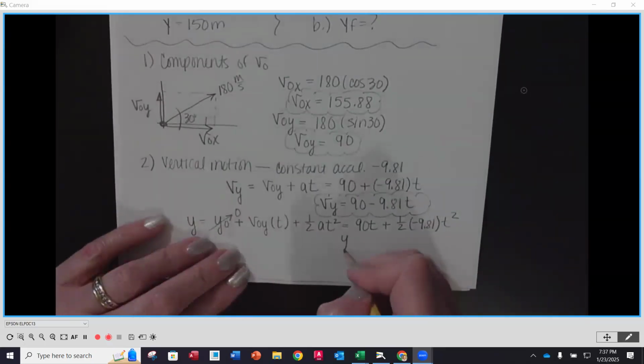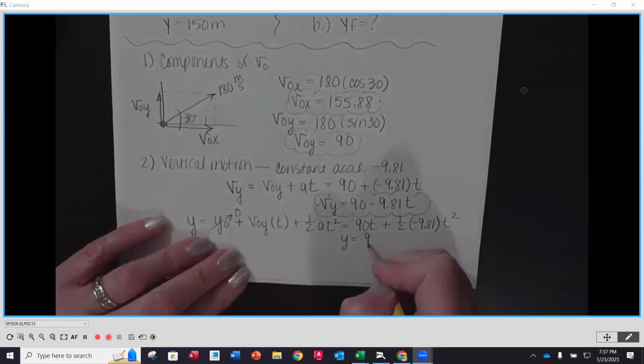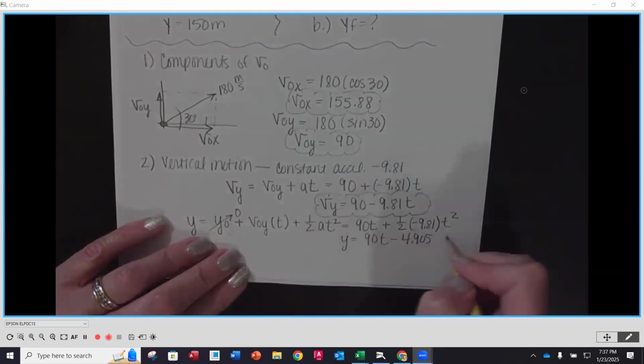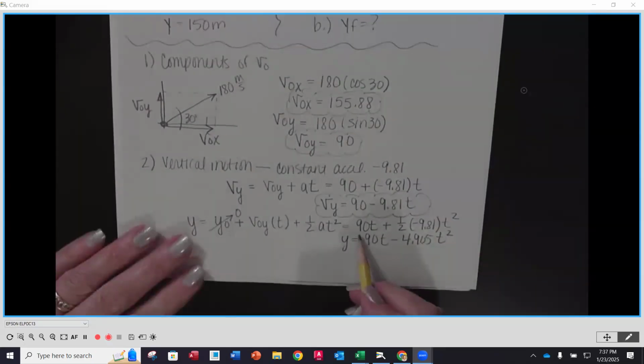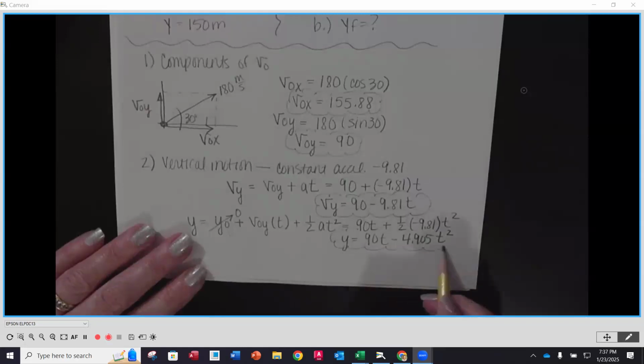So then my y is going to be equal to 90t minus 4.905 t squared. And we'll leave it just like that.